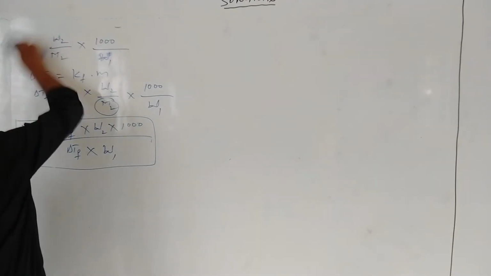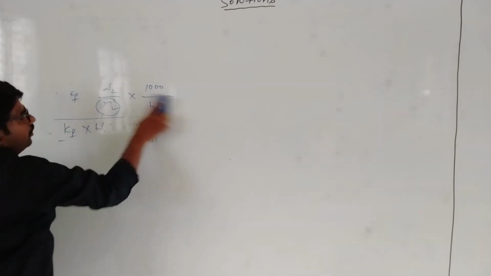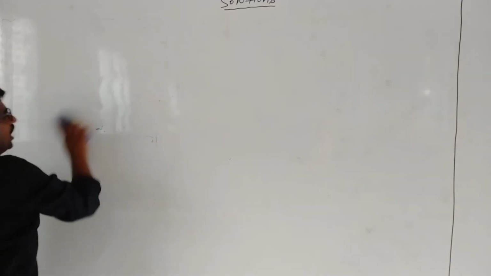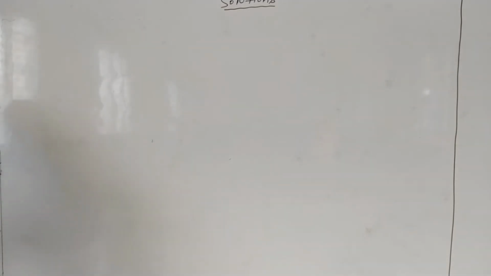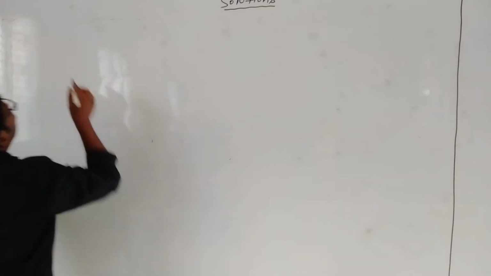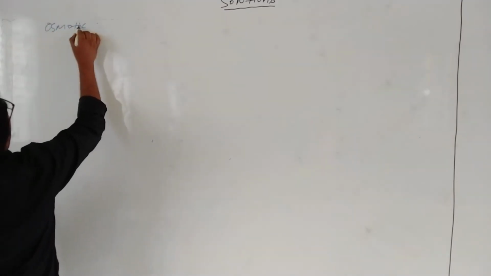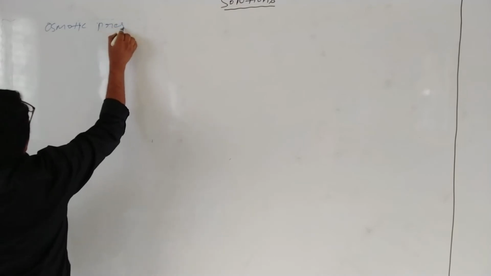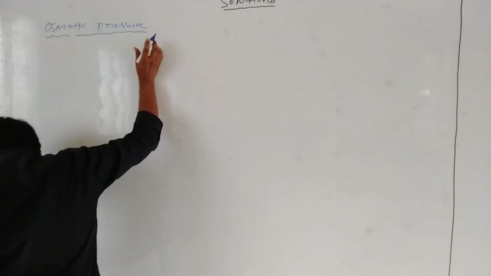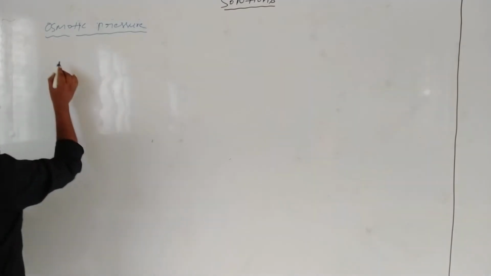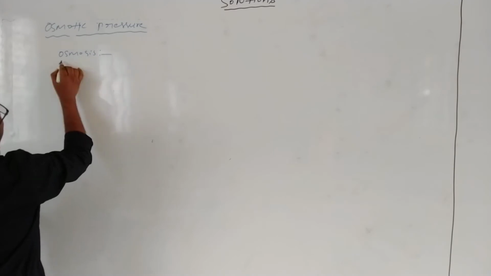Osmosis means the flow of solvent from pure solvent to solution. So that is osmotic pressure. Next colligative property is osmotic pressure. First you have to know about osmosis.